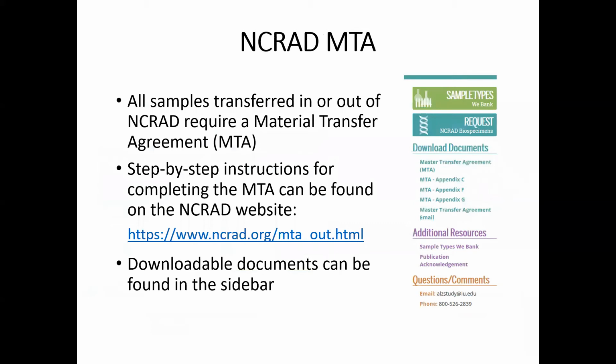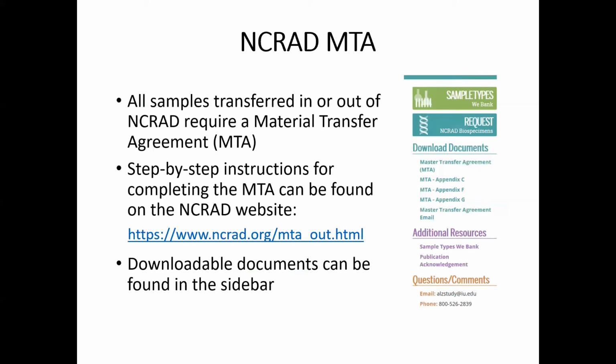All samples from NCRAD are distributed with a material transfer agreement. You can see on our website the step-by-step instructions for completing an MTA, and you can see that on the right. Importantly, what we do is we always put in a master transfer agreement first, and then if an investigator comes in once or comes in multiple times to receive samples, we simply do an appendix that lists the samples that are approved for receipt with each of the approved requests.